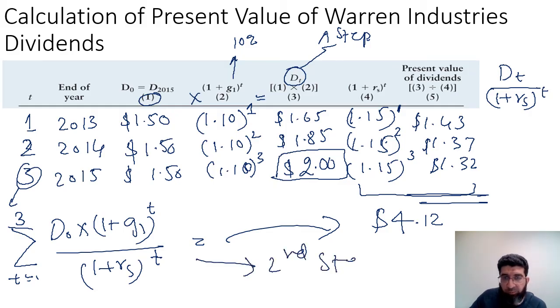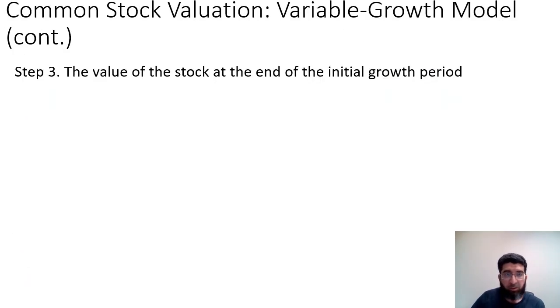Now we go to the third step, which incorporates the second growth rate. In this we have n equal to 2015, which is the end of 2015. Now what we do is we actually calculate for 2016.